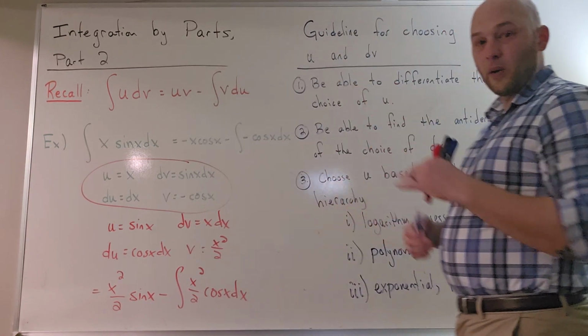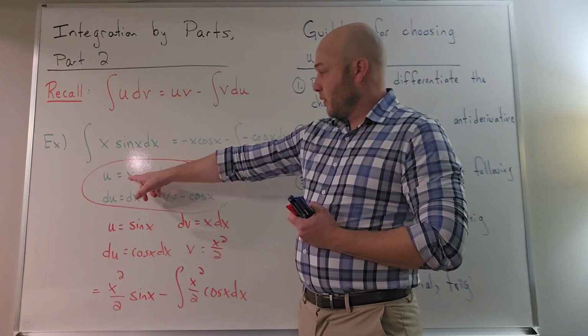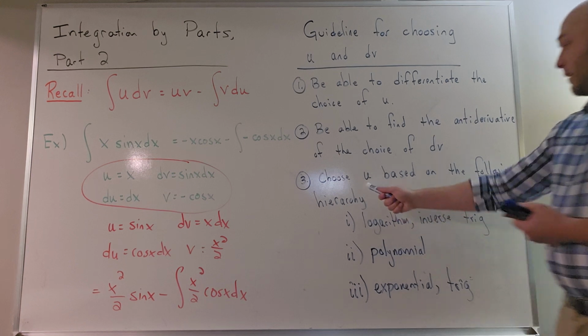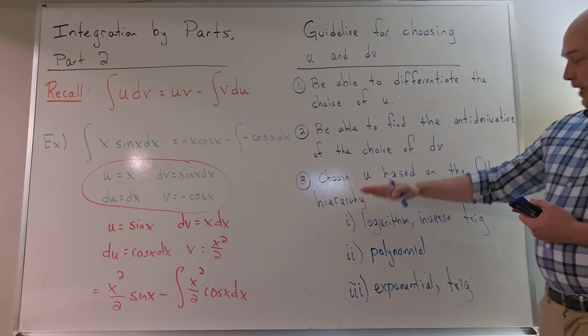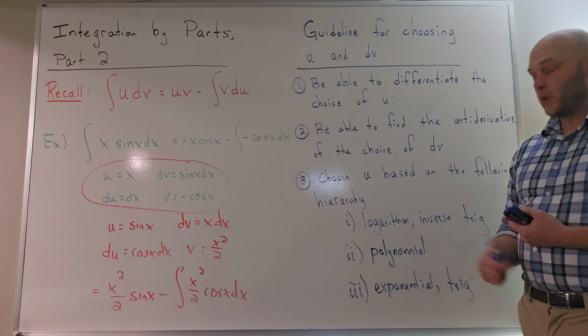Okay, so now let's narrow this down even further. If I can find antiderivatives and derivatives of both of those functions, let's choose u based on the following hierarchy. The higher in the list, that's going to be my choice of u.